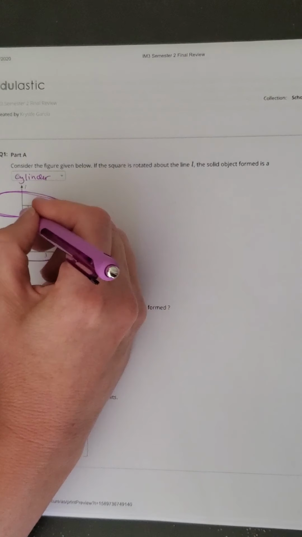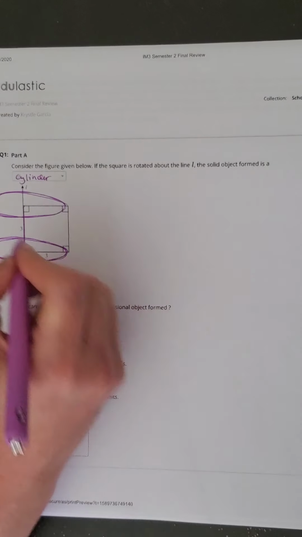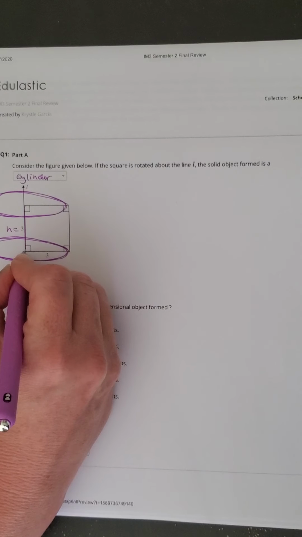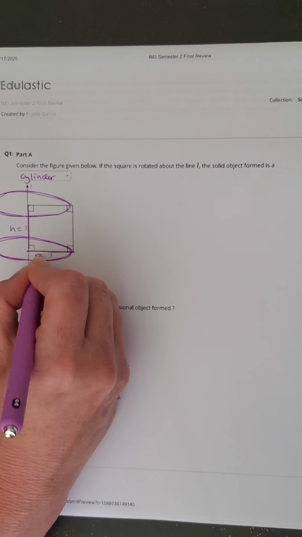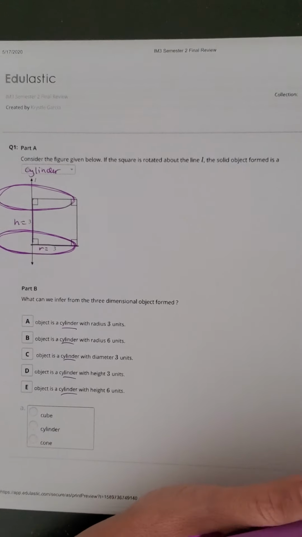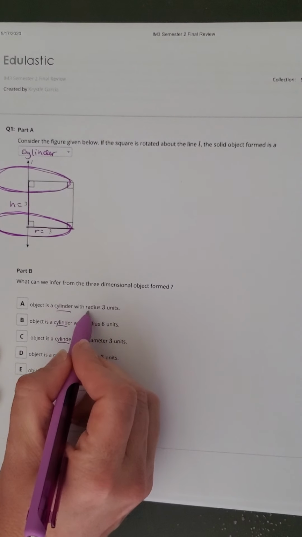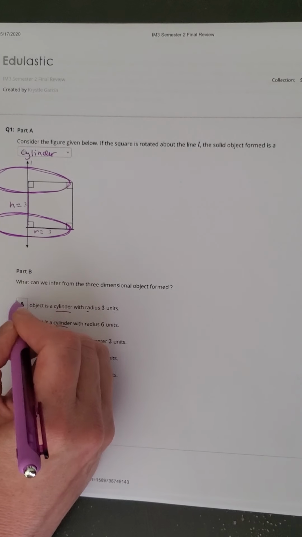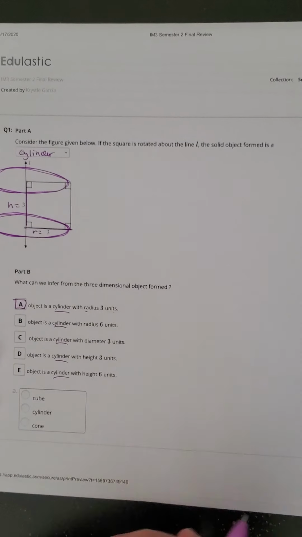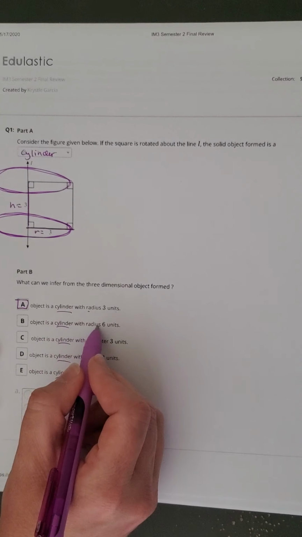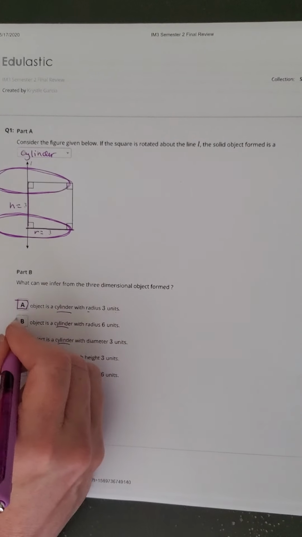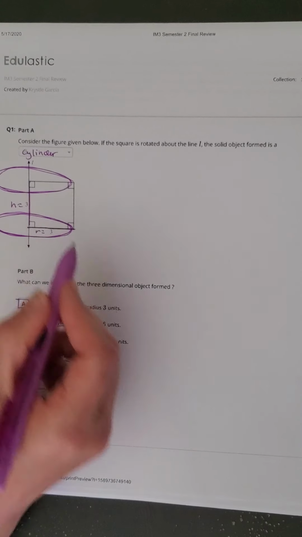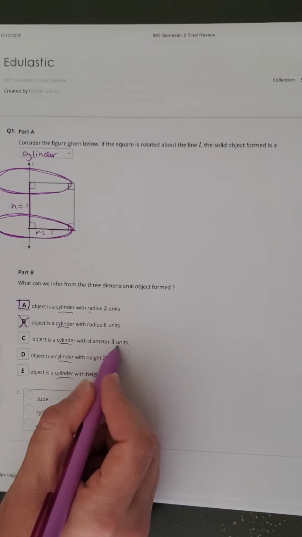It will have a height of 3 units and a radius of 3 units. And so it says that it will be a cylinder with a radius of 3 units. That is true. So we're going to select box A. The object is a cylinder with a radius of 6 units. That is not true. That's the diameter. It's a cylinder with a diameter of 3 units.